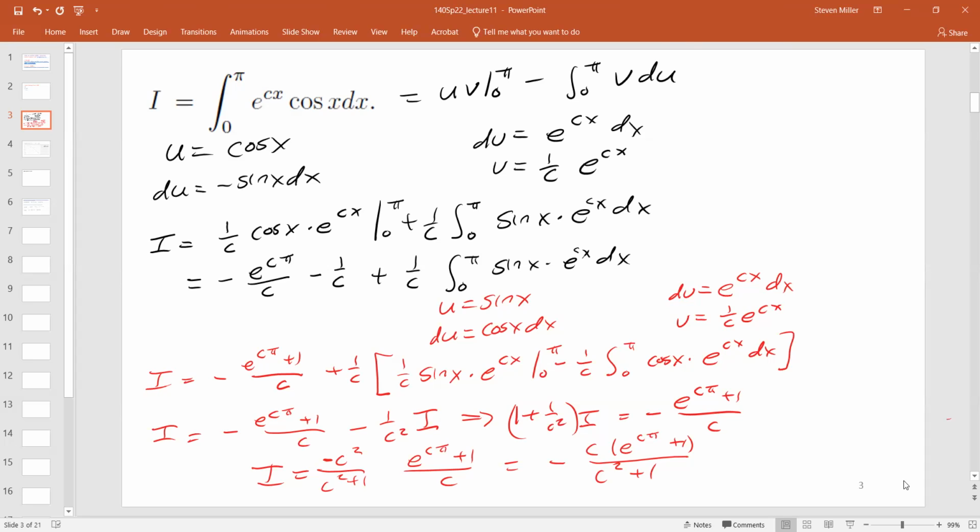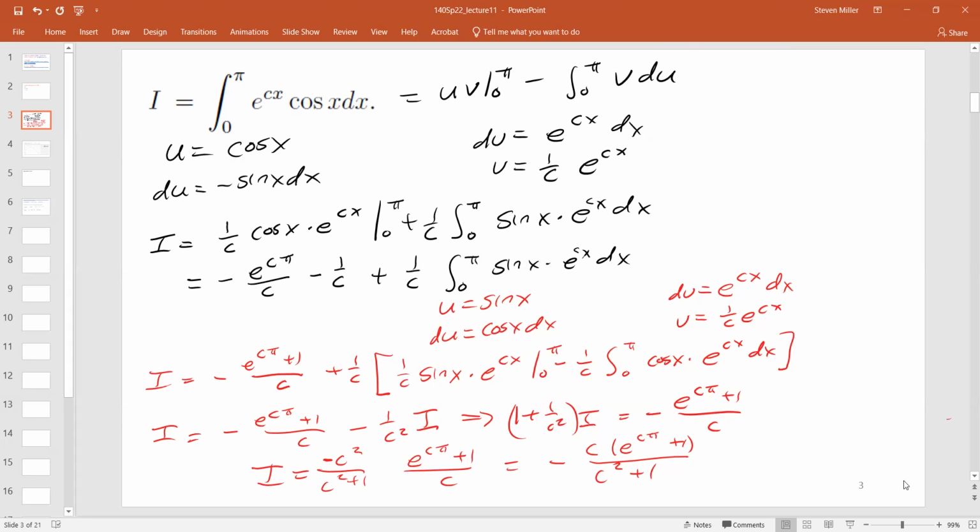If we had dv equals cosine of x, well then v would have just been sine. And if u was equal to e to the cx, we could take the derivative of that as well. So I believe either way you do this, it's going to work out. It is very rare to have a problem like that, where as long as you do it, you're fine.